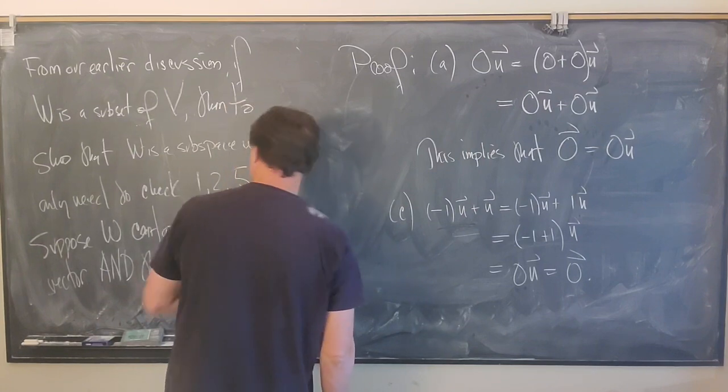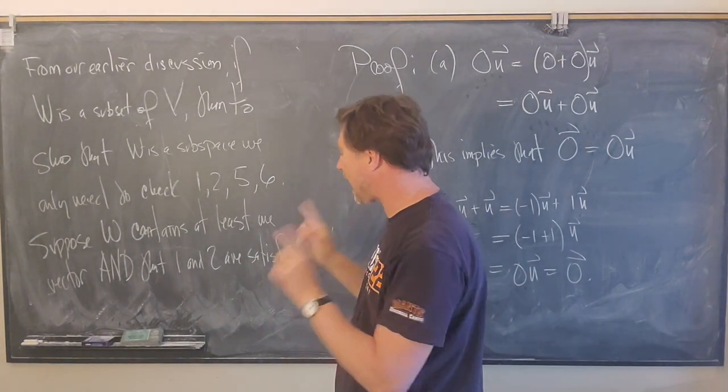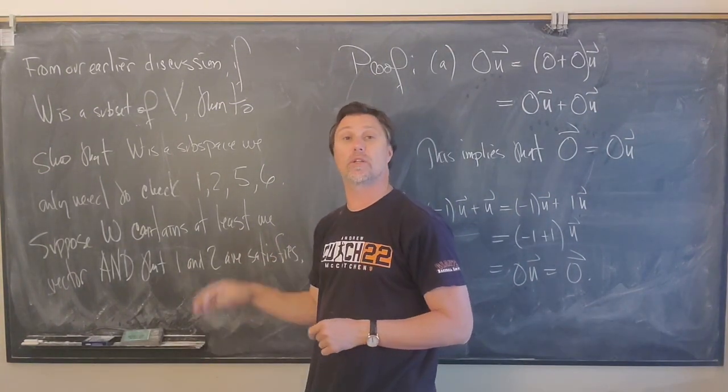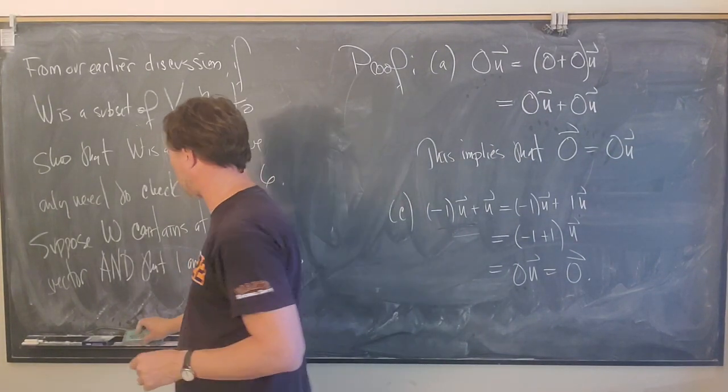So what we're saying then, we've got a subset of V. It has at least one vector, and 1 and 2 are satisfied, which means that it's closed under vector addition and under scalar multiplication. All right, so let's just suppose that these properties are true.